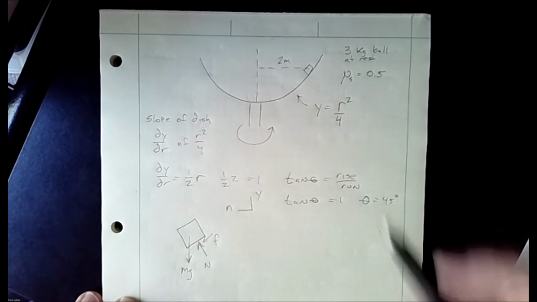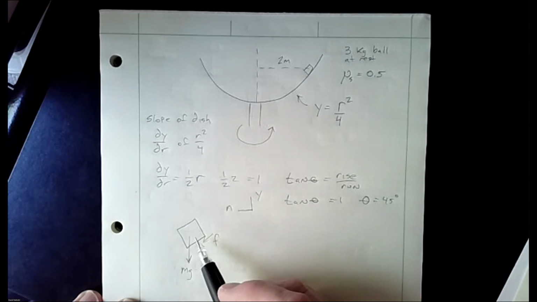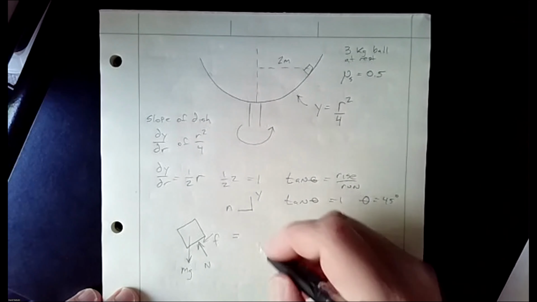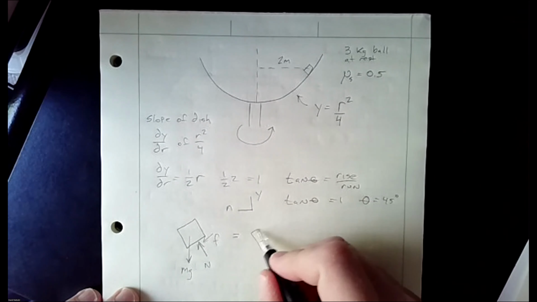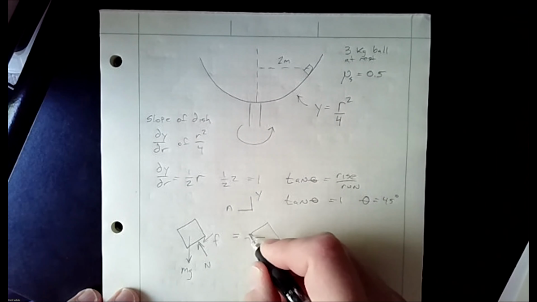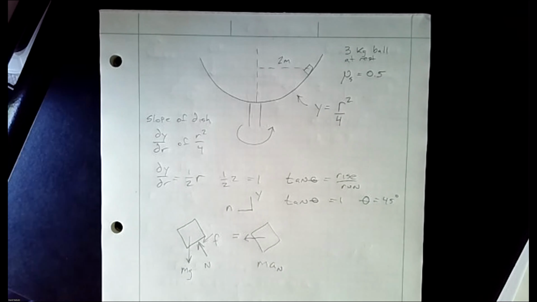Because what the block wants to do is slide up and out, which makes sense. So you have that, and then that is going to equal mass times acceleration n.